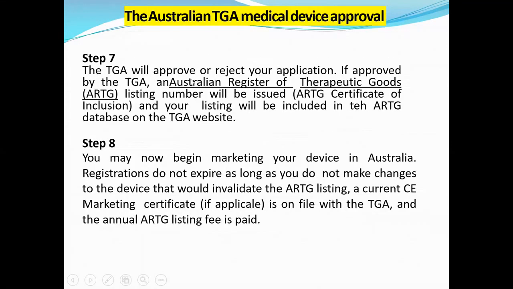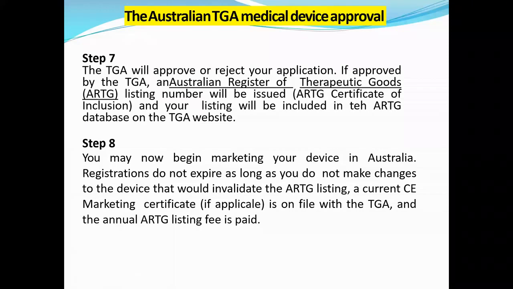Then the TGA will approve or reject your application. If approved by the TGA, an ARTG listing number will be issued, and your listing will be included in the ARTG database on the TGA website.